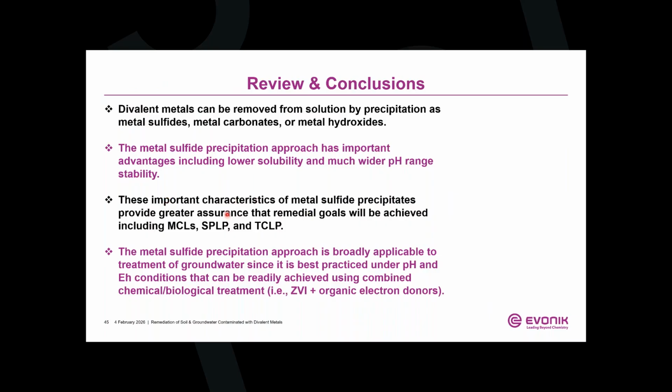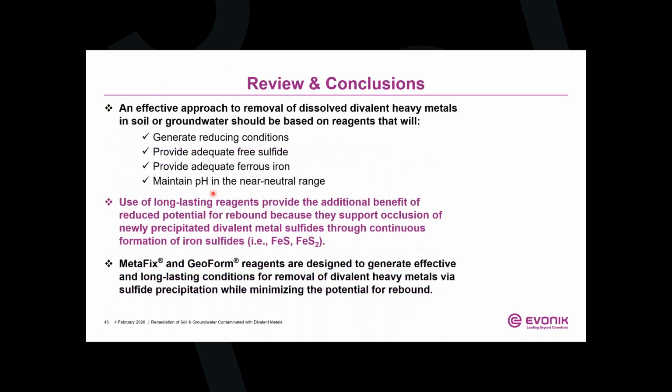These important characteristics give you comfort that you can achieve MCLs or SPLP or TCLP standards. The metal sulfide precipitation approach is widely applicable. It's a natural process. We're just enhancing it, speeding it up, making it more profuse, and adding on top of the metal sulfide precipitation, laying down iron sulfide precipitates on top of the precipitated heavy metals to lock them up.